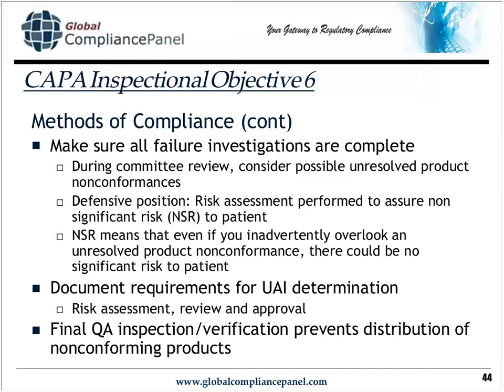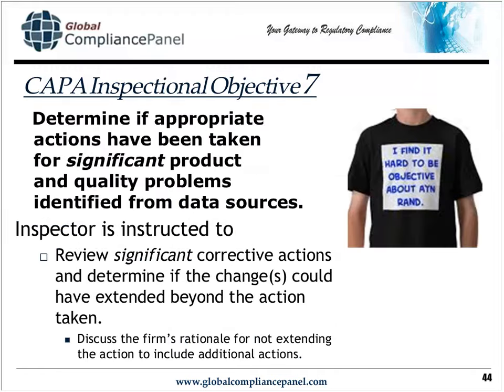Some firms have a test department that does their final evaluation. If you have some type of final evaluation of your product, you can say that that prevents distribution of non-conforming products. Everything you have is tested, or at least perhaps the lot is sample tested per the ANSI sampling standard. That's how you prevent this type of distribution.